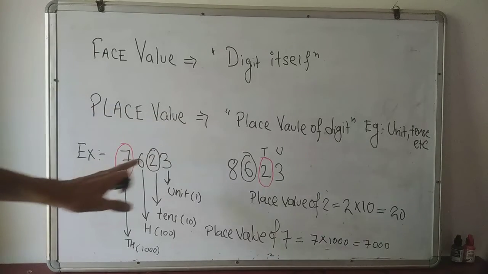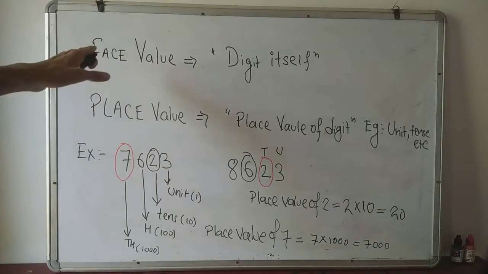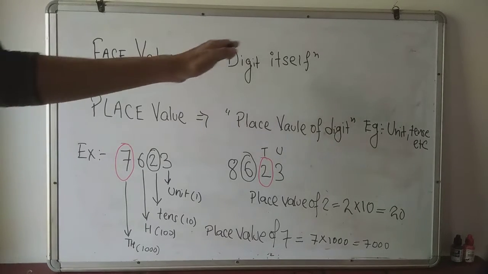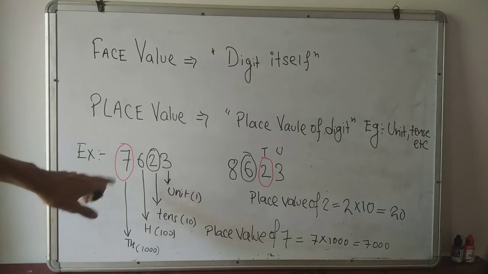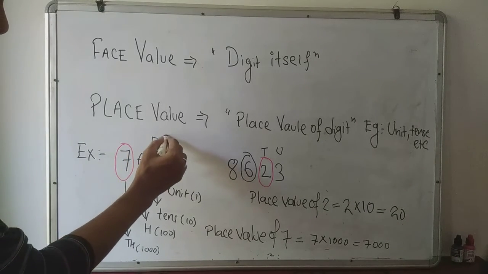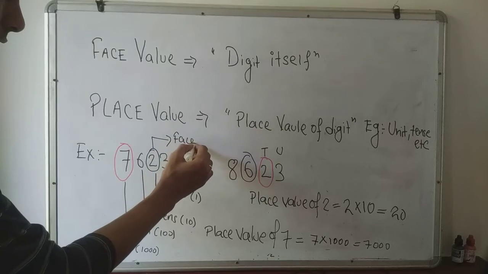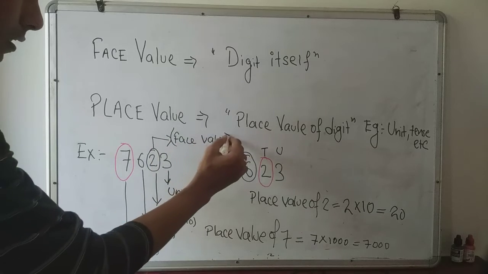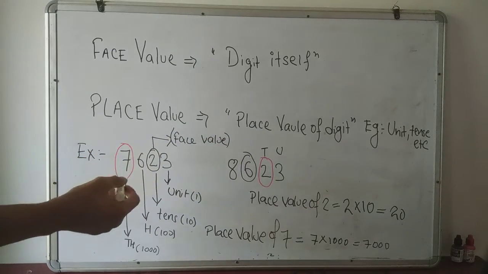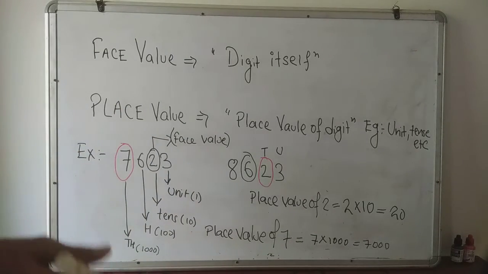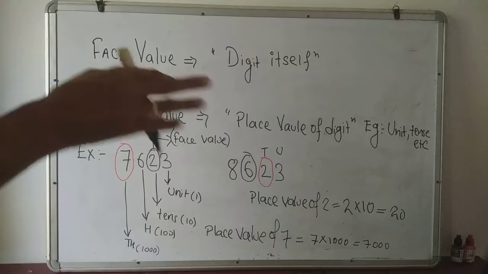Place value is this, and what is face value? Whenever the question asks to find the face value of any digit, the digit itself is the face value. For example, if we ask to find the face value of 2, then the face value of 2 will be 2. It remains the same. Face value never changes. So if the question asks you to write the face value of 2, the answer will be 2.